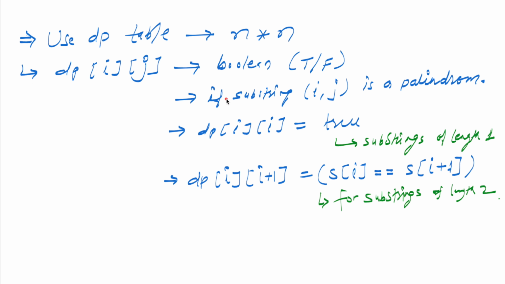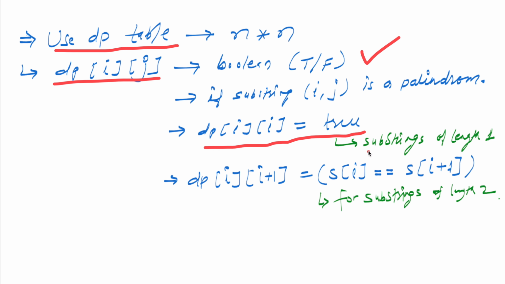First we use a DP table, then at DP at I and J we take true or false. If the substring I to J is a palindrome, DP at I and I is true because the substring of length 1 that we have seen, and I to I plus 1 is true if both characters are the same.